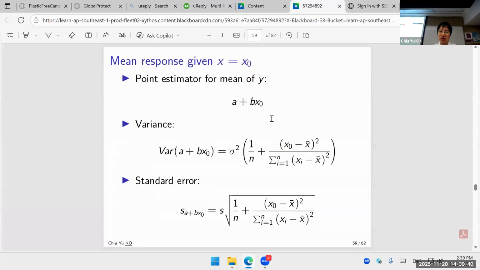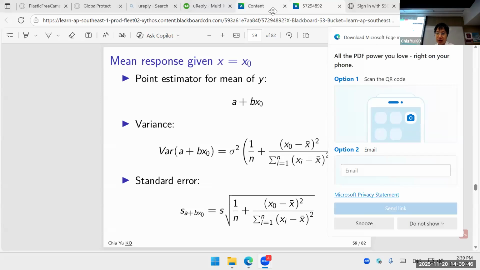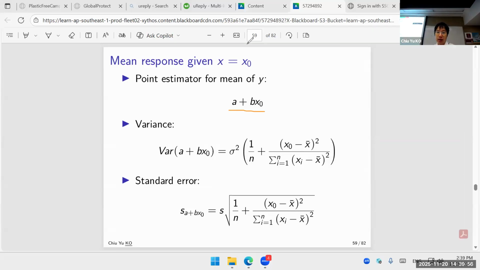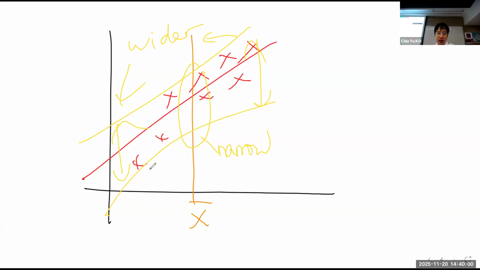Let's conclude our class, but this is the very last part. As I mentioned, how you use the regression model is what we call the point estimate, right? The line actually gives me the point estimate.